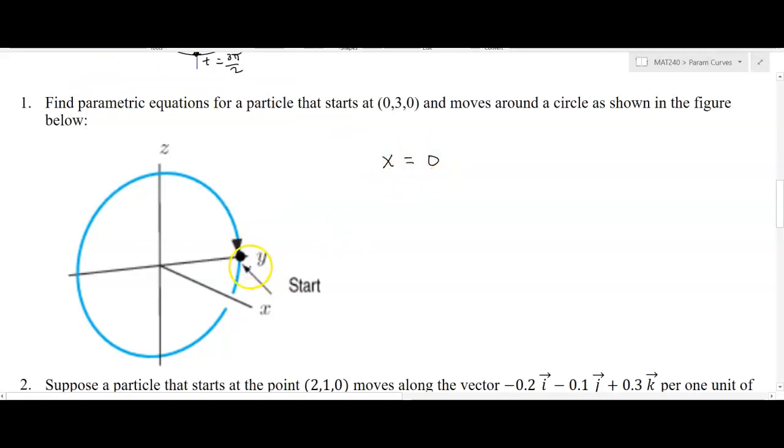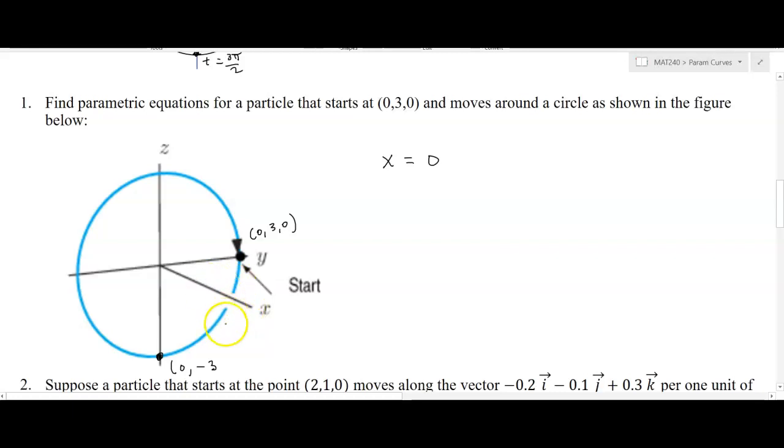Now I want this particle to start at a y value of 3, and then I want it to move counterclockwise. So basically that particle, which starts off at 0, 3, 0, should then come down to, well, x is always going to be 0 for this particular circle.